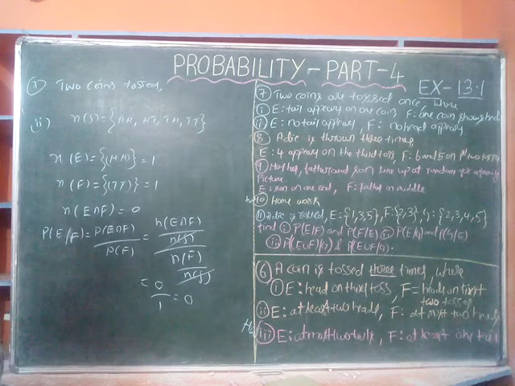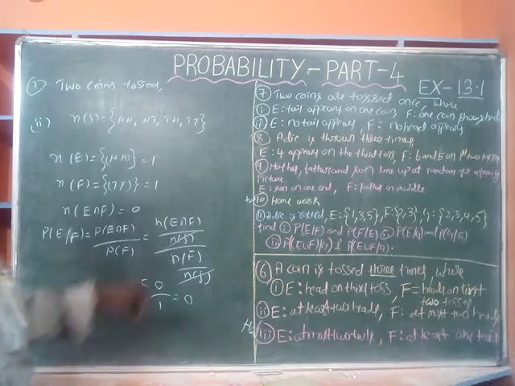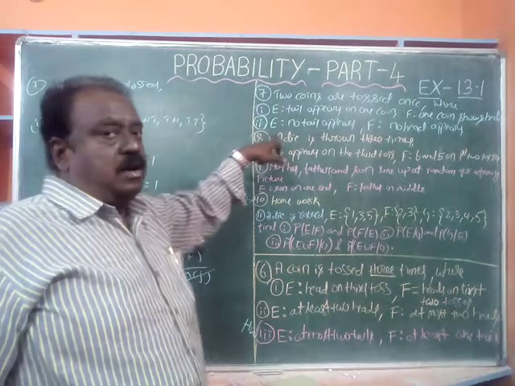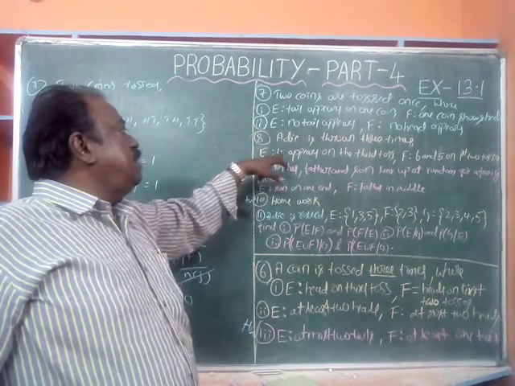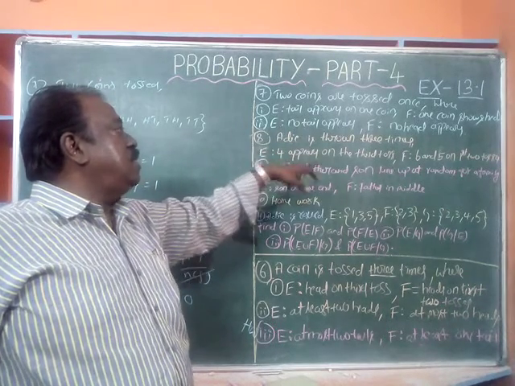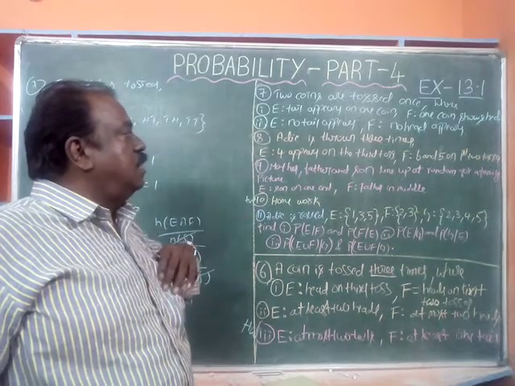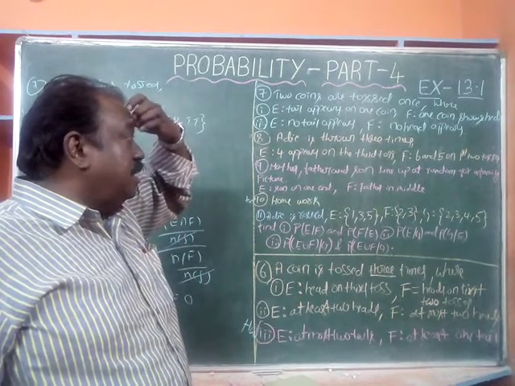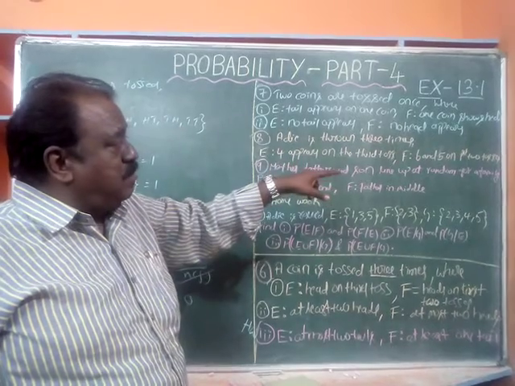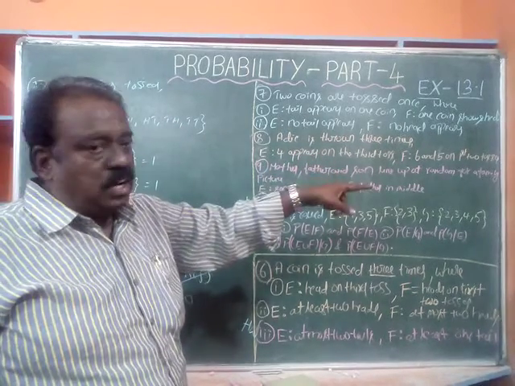Eighth one. A die is thrown 3 times. Here it is a die, not a coin. E is the event that 4 appears on the third toss. F is 6 and 5 on the first 2 tosses.